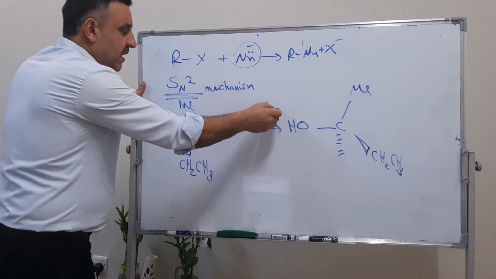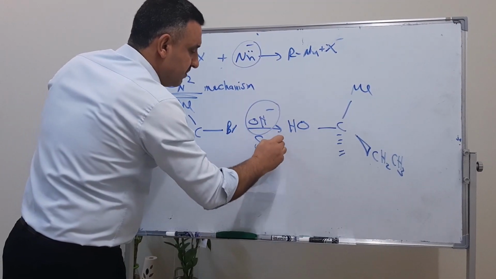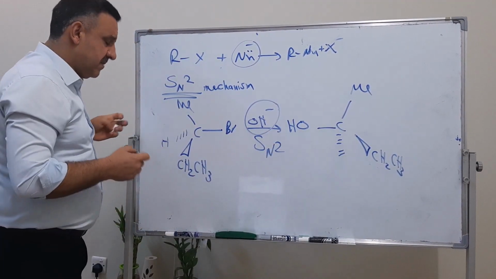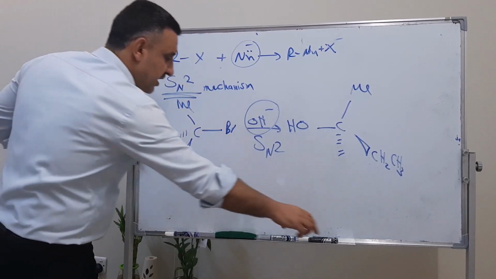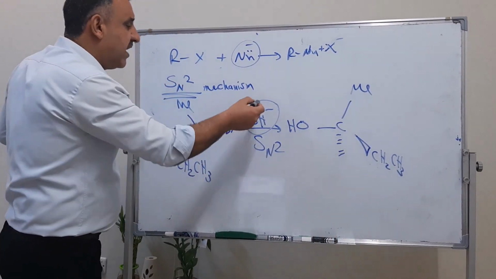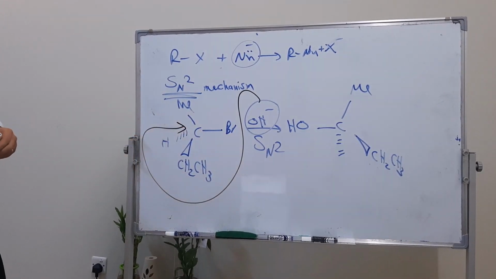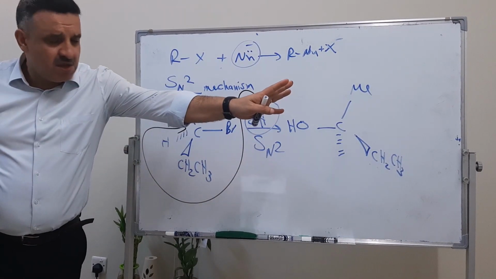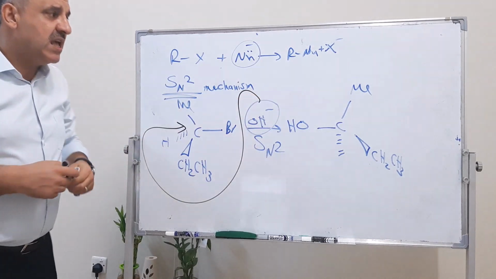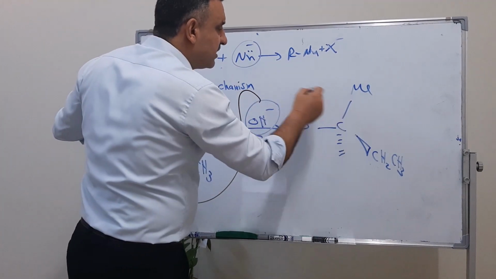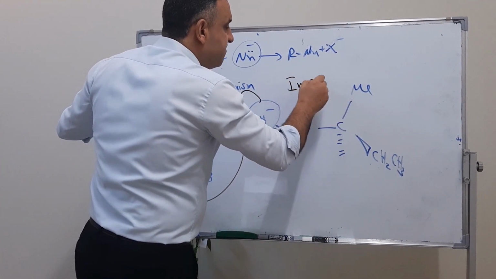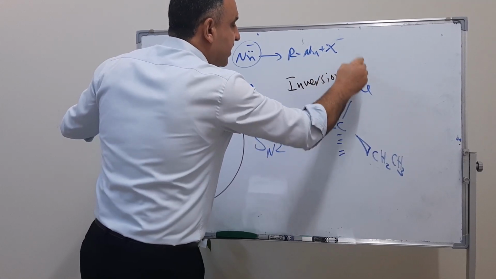As I said, if this reaction proceeds via the SN2 reaction mechanism, the nucleophile must attack from the backside. And if it attacks from the backside, this is the configuration we are going to get, what we call inversion of configuration.